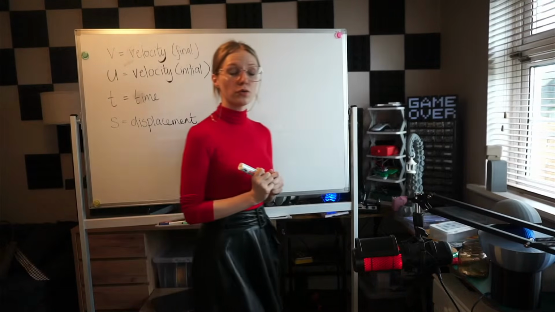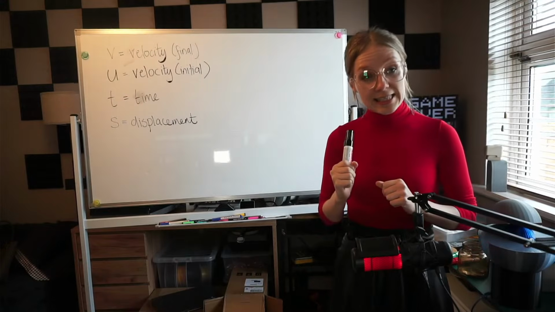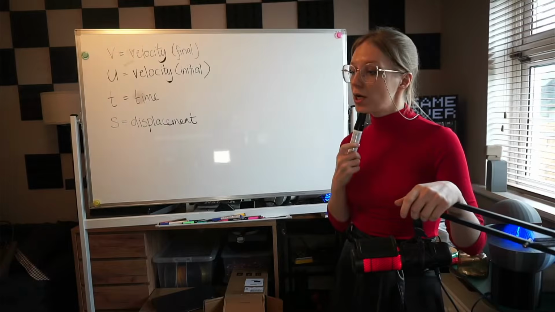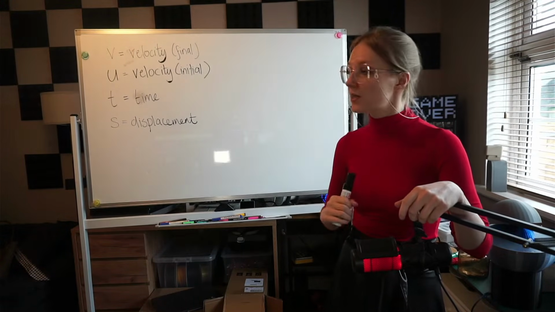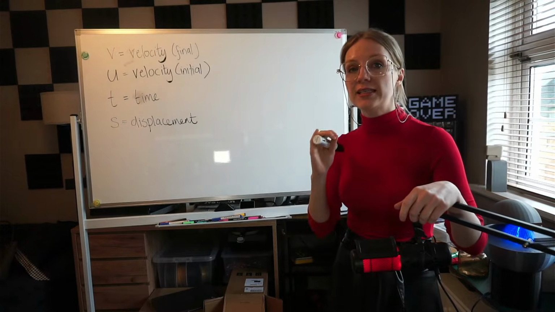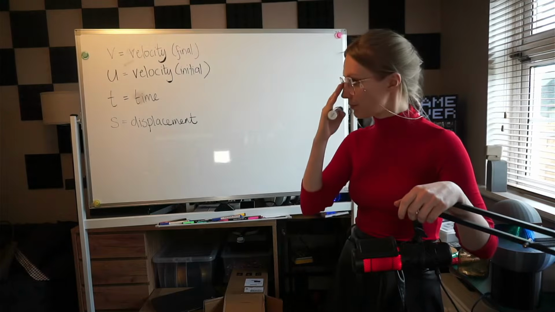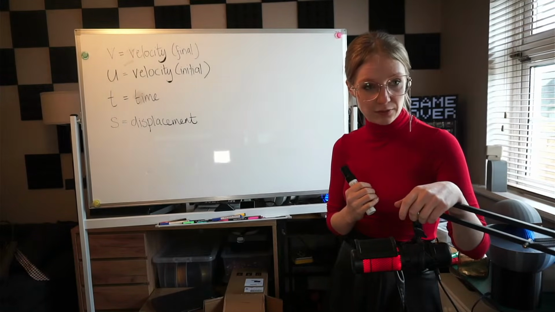Now, similar to velocity, distance also can have a direction, and something that we say is displacement. Some textbooks will use the letter D for distance, but if you're specifically saying displacement, we actually use the letter S for displacement to differentiate between a vector and a scalar value of it.